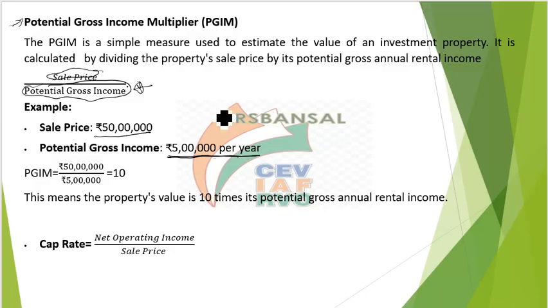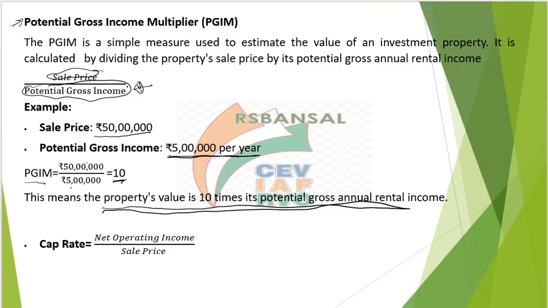So the potential gross income multiplier PGIM equals 50 lakh divided by 5 lakh, sale price divided by potential gross income, which is 10. It means the property's value is 10 times the potential gross income.